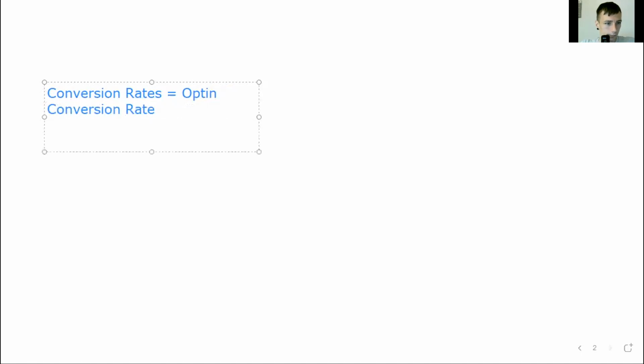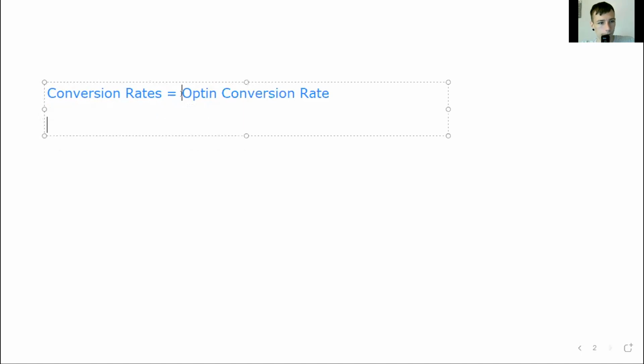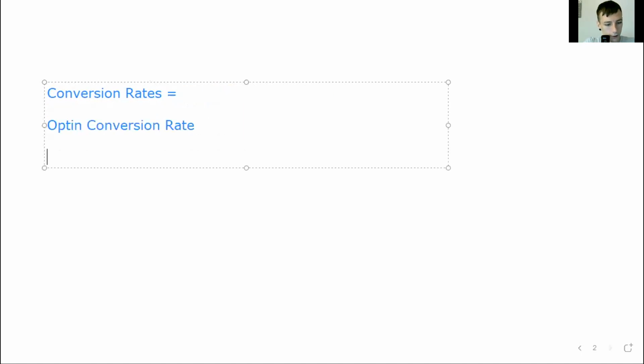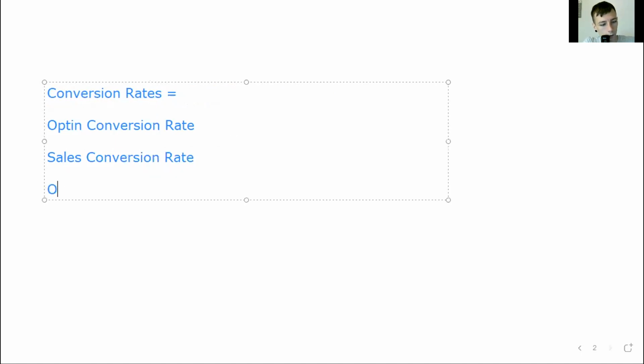Then we're going to have our sales conversion rate, and then we're going to have our order form conversion rate.